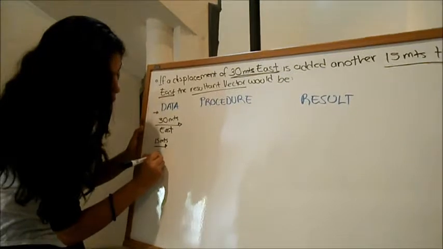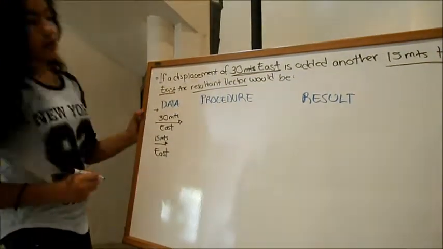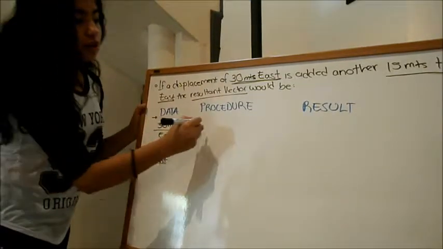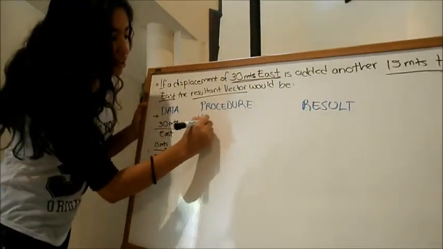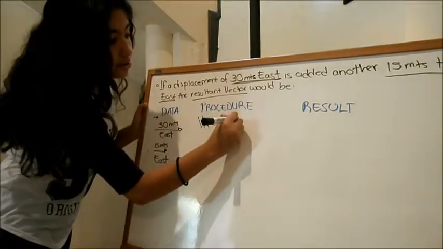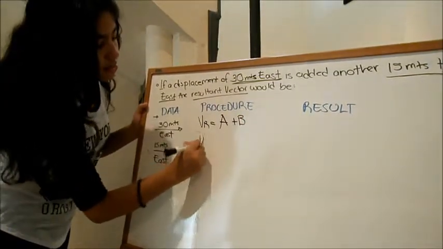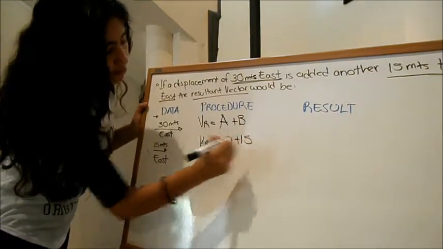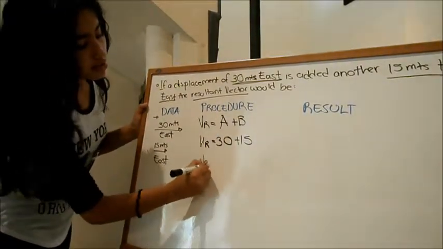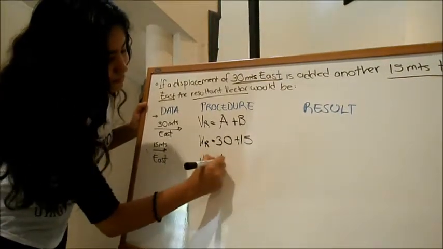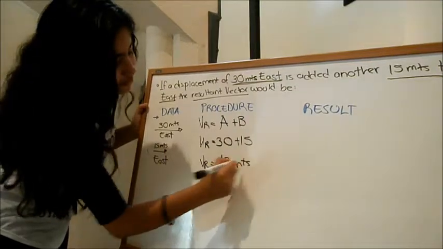Well, now that we have the data, we are going to do the procedure. To obtain a resultant vector of vectors that have the same direction, we just have to do A plus B. That means 30 plus 15. And we obtain 45 meters.